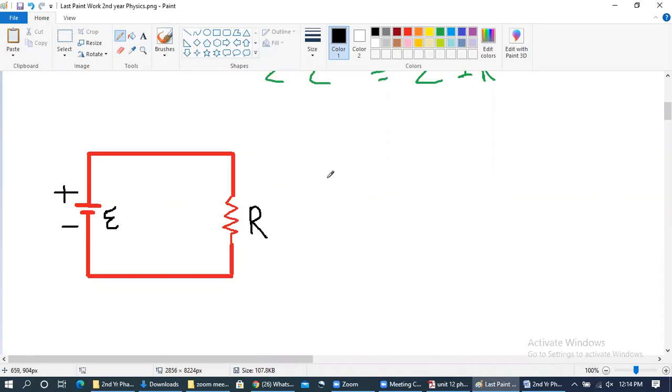Anyhow, according to Kirchoff's rule, we have to see that the sum of the voltages must be zero.